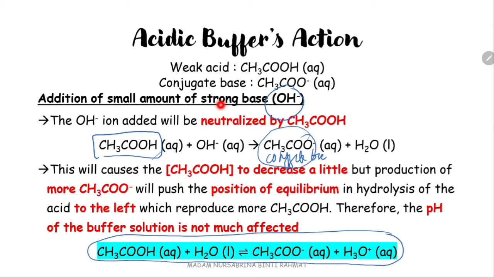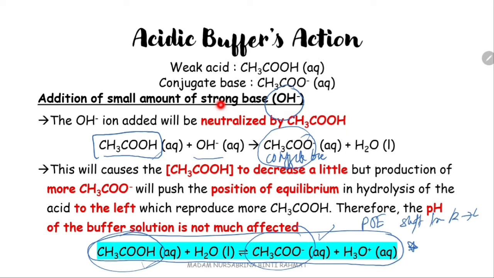If you look at the hydrolysis equation here, the weak acid is our reactant and our conjugate base is our product. So a higher concentration of our conjugate base, which is on the right, will push the chemical equilibrium from right to left. So the position of equilibrium shifts from right to left, resulting in us reproducing the ethanoic acid that we used before to neutralize the added OH negative.